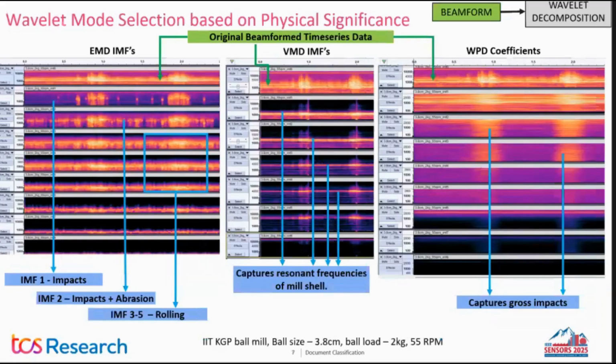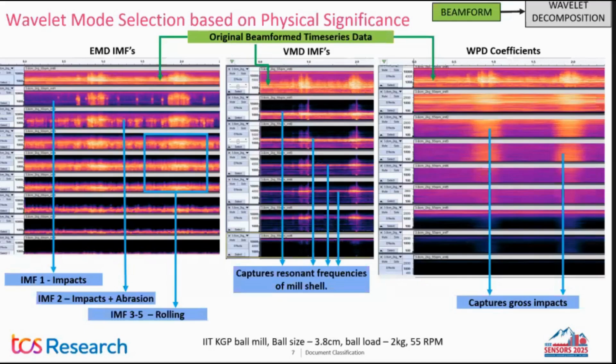Now that we have performed beamforming, what we are doing now is that we are breaking up this single beamformed channel into multiple modes using some wavelet decomposition algorithms such as empirical mode decomposition, variational mode decomposition, and wave packet decomposition. So, in the case of EMD, you can observe that the first two IMFs show the impact and abrasion very well, and in the third to fifth IMFs, you can hear the rolling sounds very well.